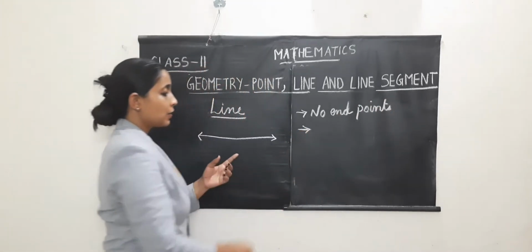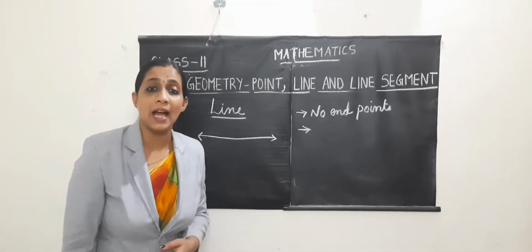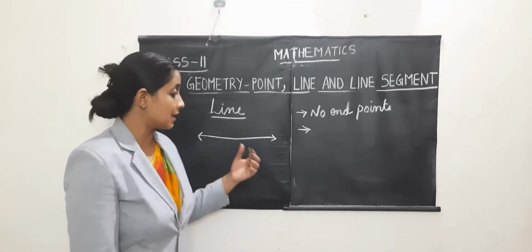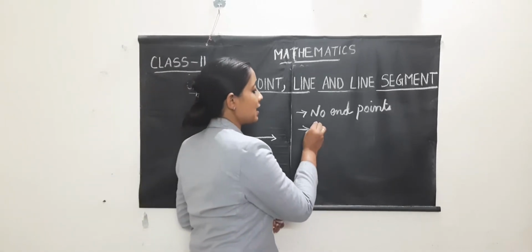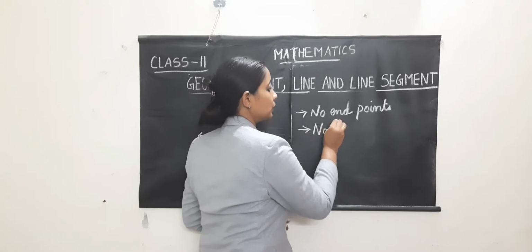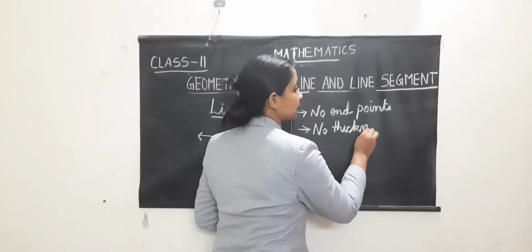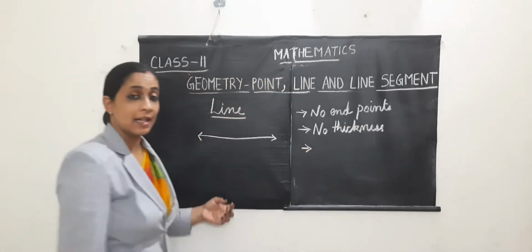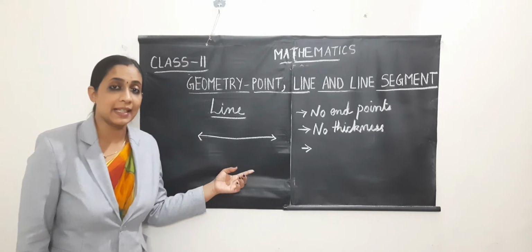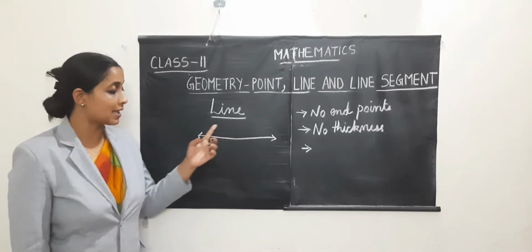See, it is a long, thin line, so it has no thickness. A line has no thickness. And what is next? A line extends endlessly to both sides.